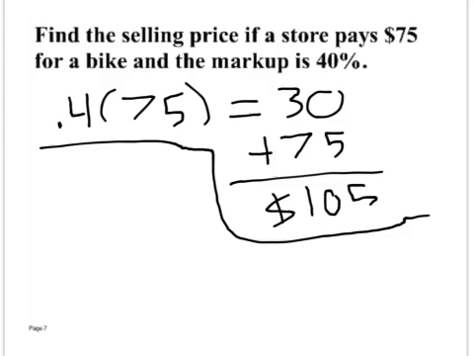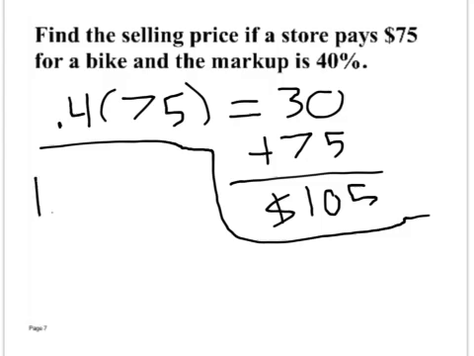What percentage would 105 be if 75 is 100%? 140%, right? Because they've raised it up 40%. So $105 would be 140% of 75. But we don't know the 105. We just know that they've raised it up 40%.